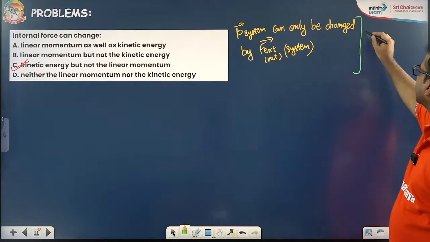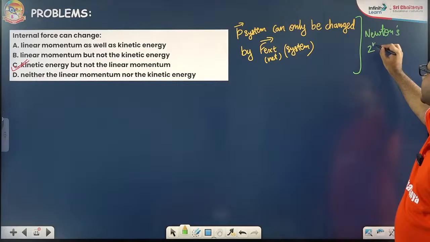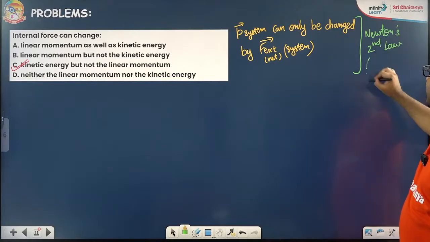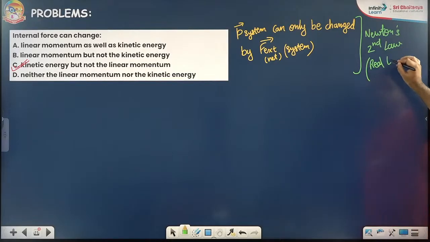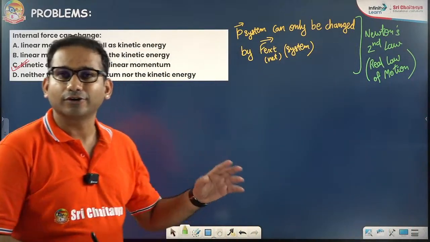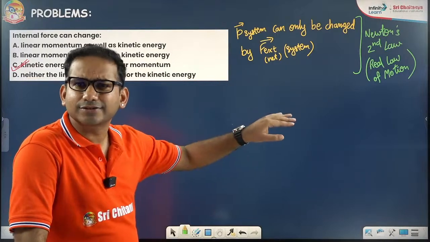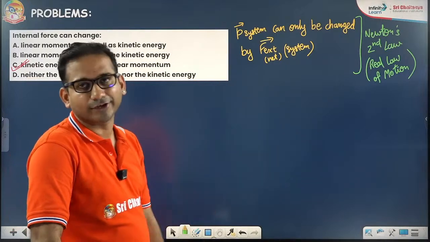In which law did he say that? Newton's second law, which is also called the real law of motion. Why is it called the real law of motion, sir? Because Newton's first law and Newton's third law can be deduced, or assumed to be a consequence, of Newton's second law. Why that is so, how that is so, some other day we will talk about.